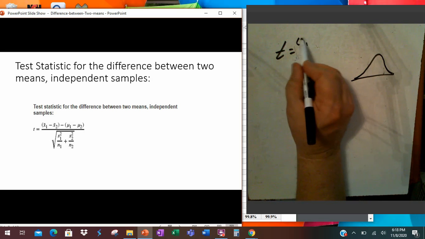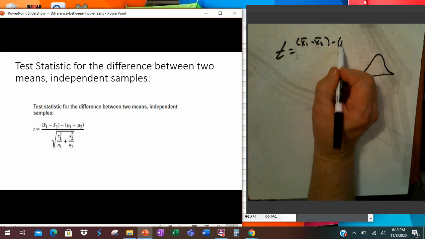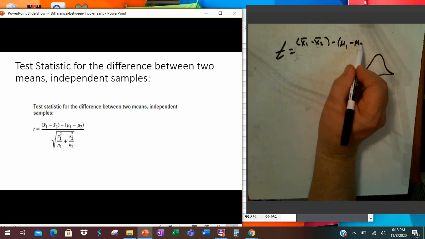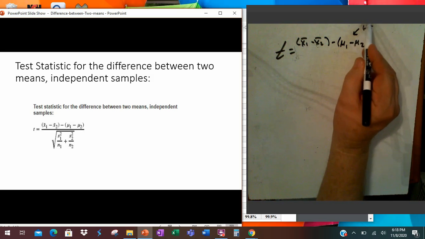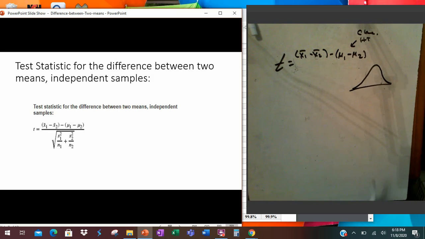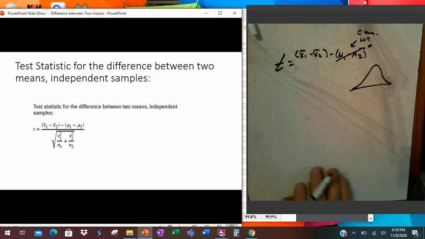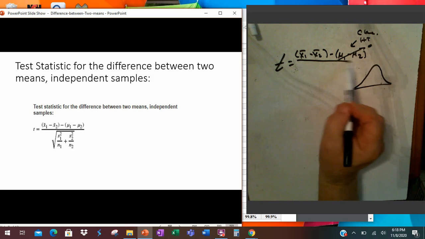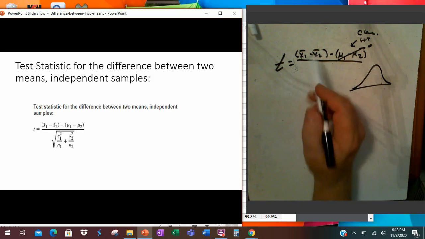So x1 bar minus x2 bar minus mu1 minus mu2. This is the hypothesized or the claim value. I'm going to slide that down for you just a second. So that's from the claim, and usually this thing is going to be 0. So you're claiming that there's some difference between the two, or no difference.